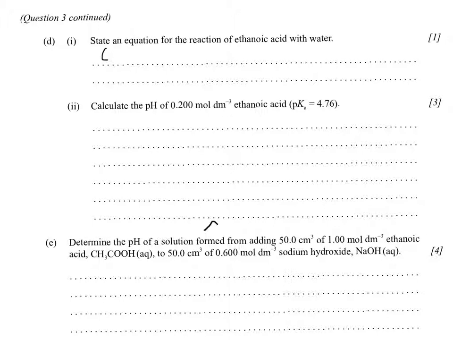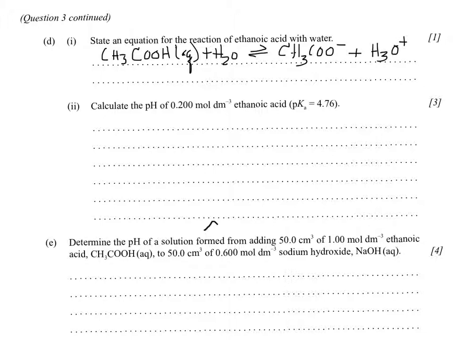So we have ethanoic acid and water setting up an equilibrium with the ethanoate ion and the hydronium ion. Water's liquid, and this would be aqueous. So this is the equilibrium of a weak acid. You do not have to do state symbols, I just do.